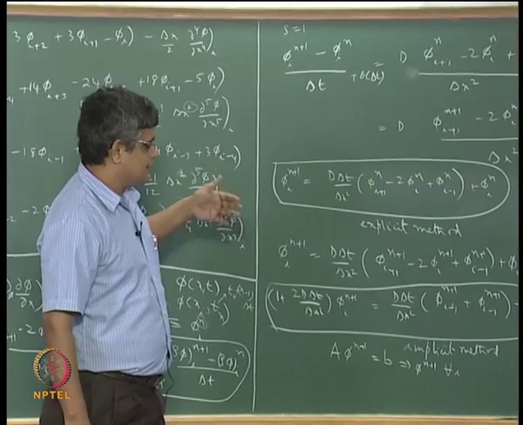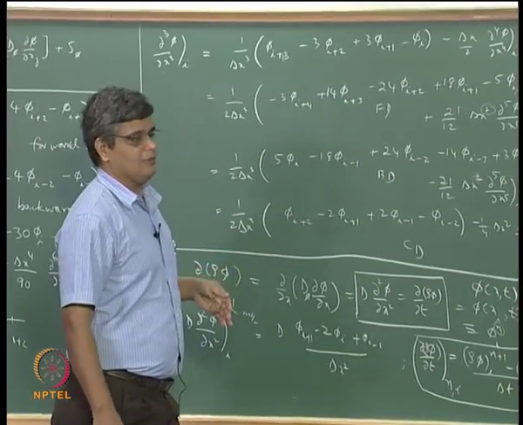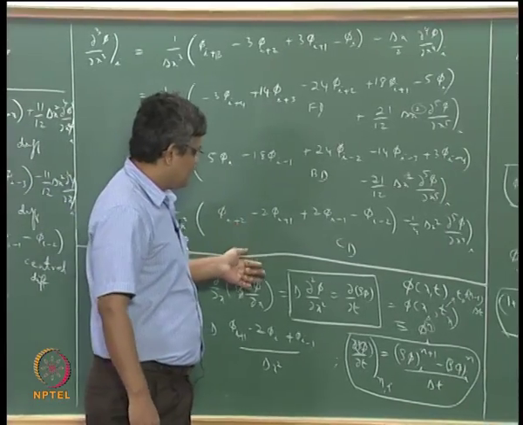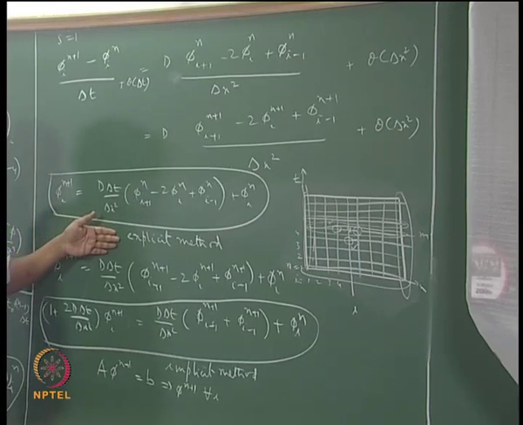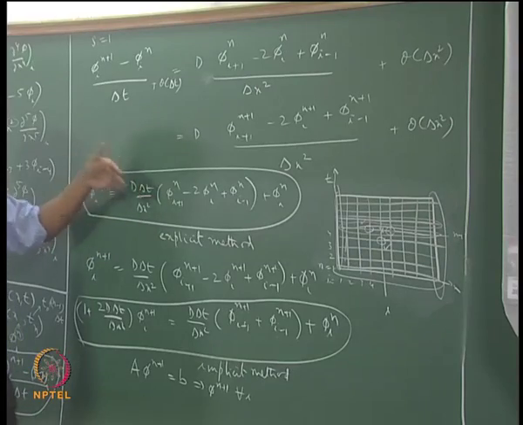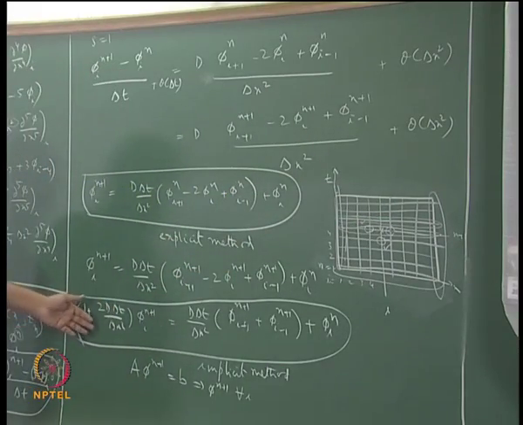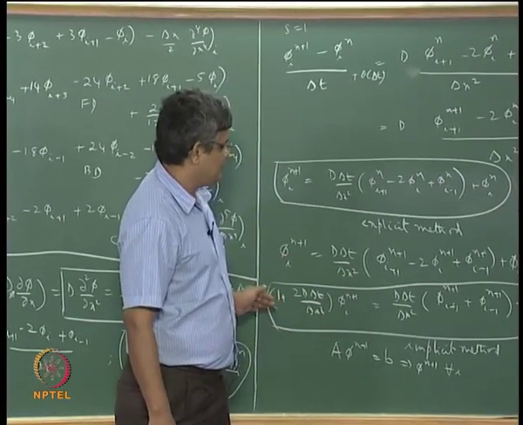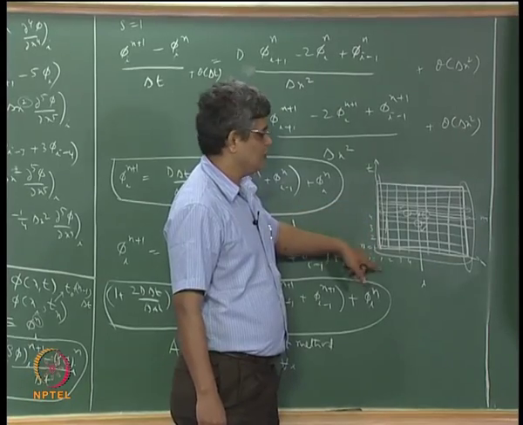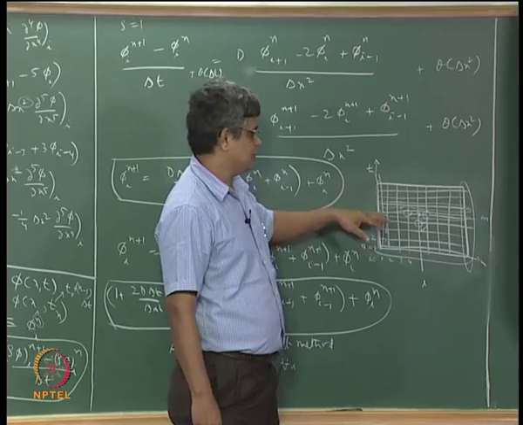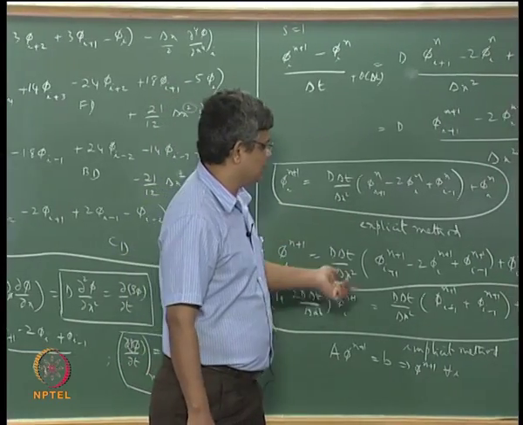So, when we consider a time dependent term, to recap, the time derivative itself does not pose any problem, it is just like any other derivative, but when it is combined with a spatial derivative, then we have the possibility of either doing an evaluation purely in the explicit method, which is simple, which allows us to hop from point to point in the 2-dimensional grid or the 3-dimensional grid or the 4-dimensional grid, or we can do it in an implicit way which requires us to do a row type of evaluation at each time step in the case of 1 dimension, or a plane evaluation in the case of 2 dimensions, and a 3-dimensional matrix evaluation in the case of 3 dimensions.